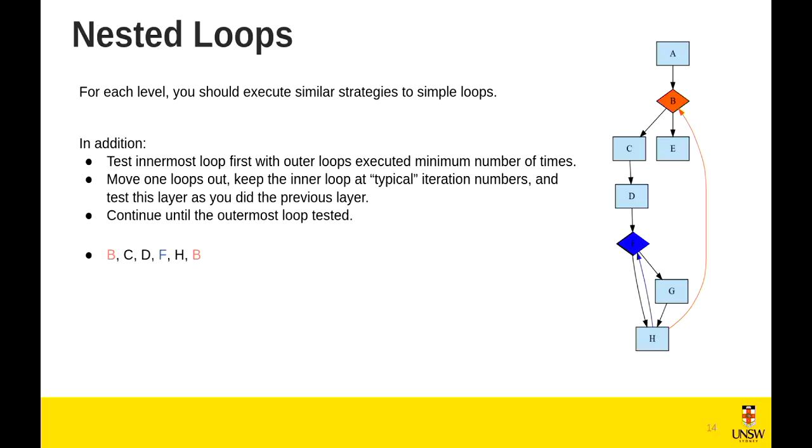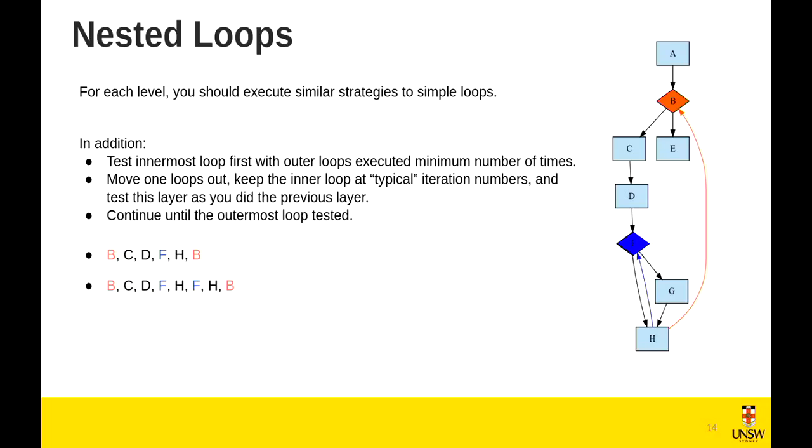So we are not entering the loop, which means that once we get to F, we directly get out to H, and then go back to B. So in this case, we are not entering the loop here.